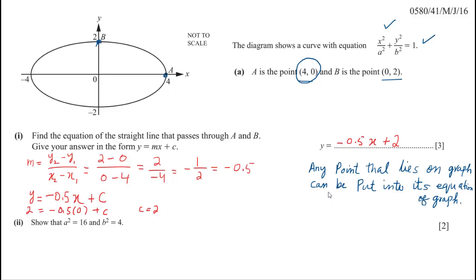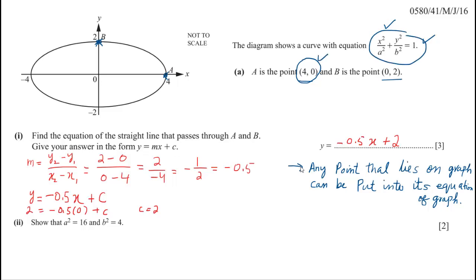I have written this rule over here. Any point that lies on the graph can be put into the equation of the graph. So these 2 points, A and B, are on the graph. So I will put these one by one into this equation. So let's put A first.